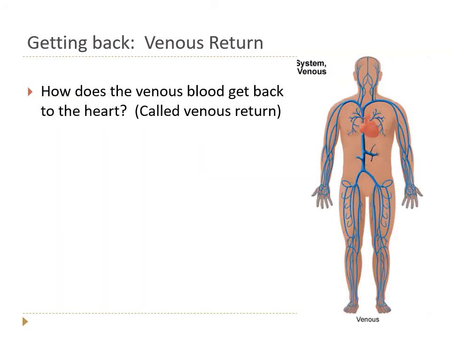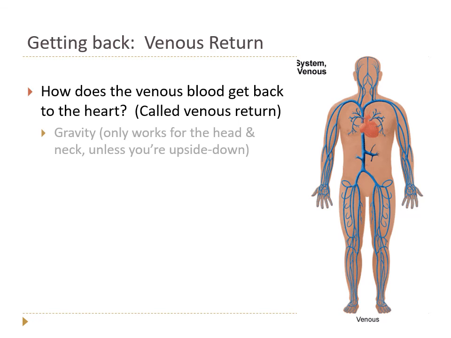So let's come back again to that idea of how blood is actually getting from the tissues through the veins back to the heart. We call this venous return because it's the return of blood to the heart through the venous system. There are some interesting things to think about.